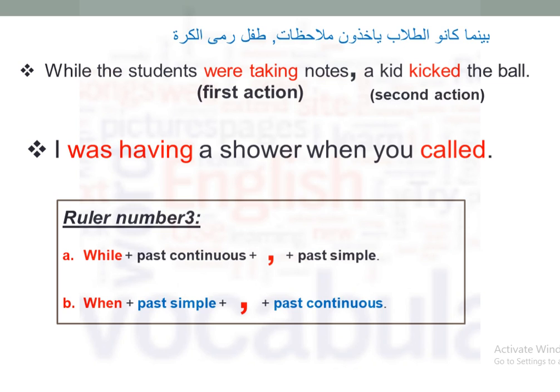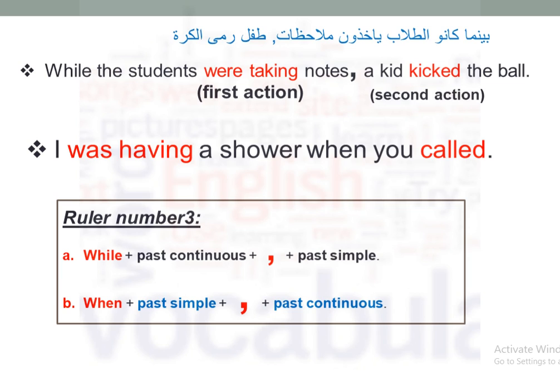Another thing I want to point out for you is the comma. When we use while and when at the beginning of the sentence, in that case we should use a comma, like while plus past continuous plus comma plus past simple, or when plus past simple plus comma plus past continuous, as in the first example.